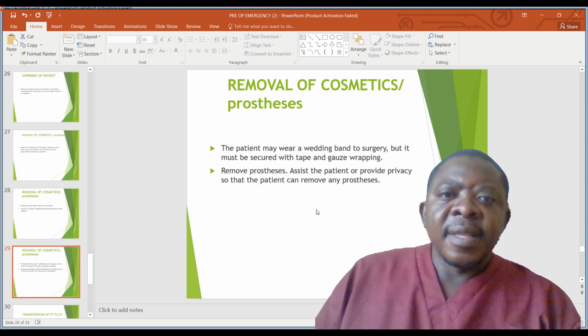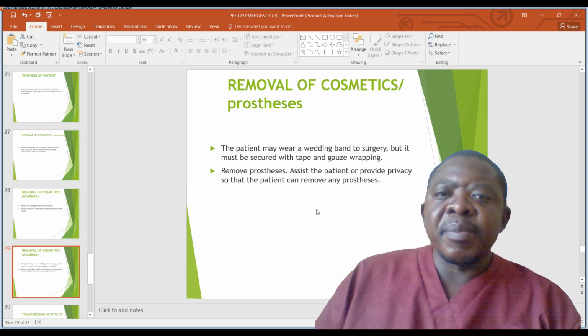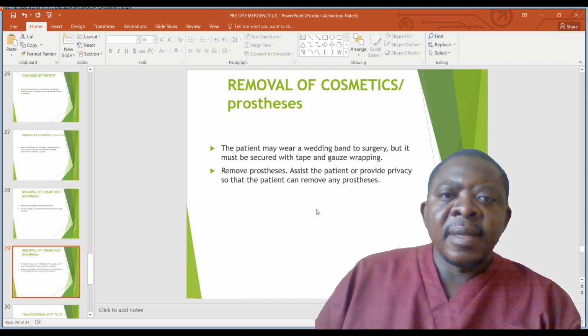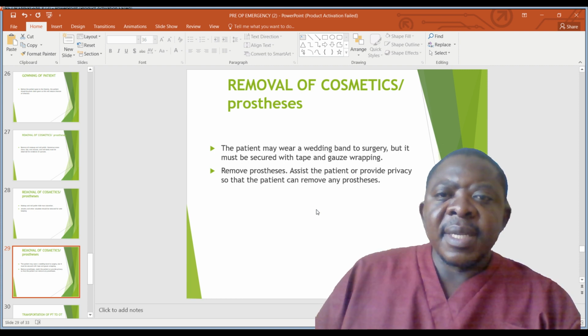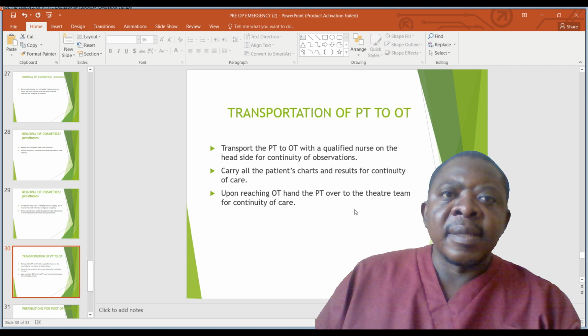The patient may wear a wedding band to surgery, but it must be secured with tape and gauze. Remove prosthesis and assist the patient, or provide privacy so that the patient can remove the prosthesis.